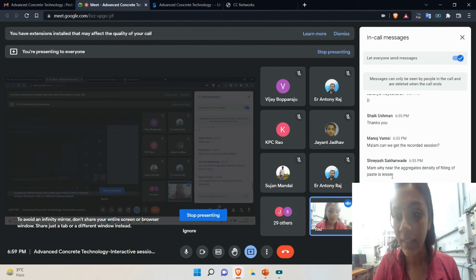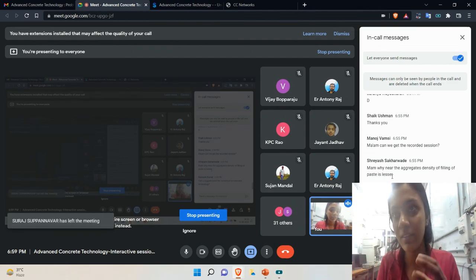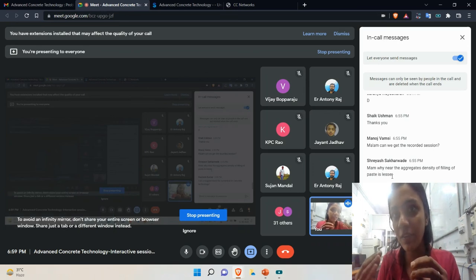Ma'am, why is the density of filling paste less near the aggregates? I guess it's again because of the wall effect. When you try to fill something near a surface, there will always be some voids. We cannot fill anything fully at the boundaries. If you consider the aggregate as having a definite boundary, it's very difficult to fill the paste at that boundary.